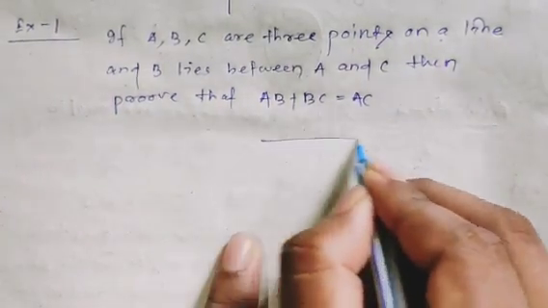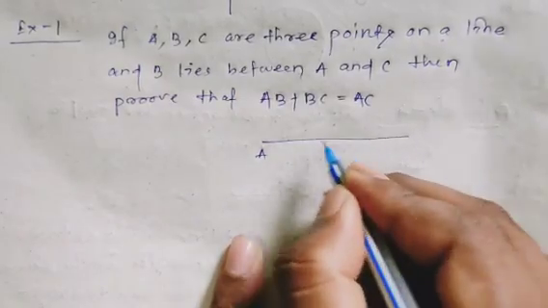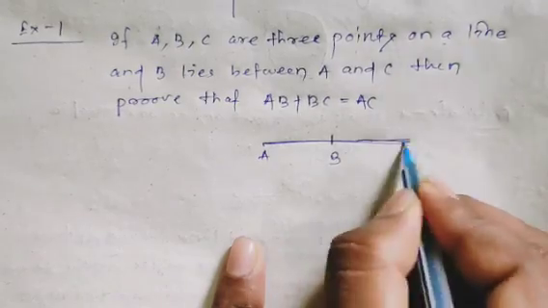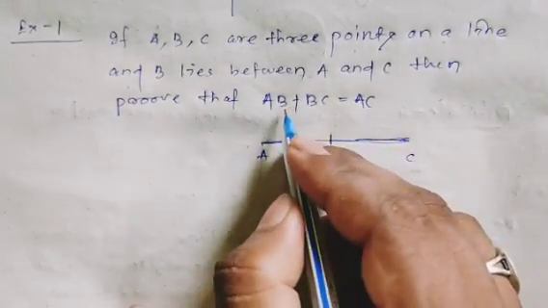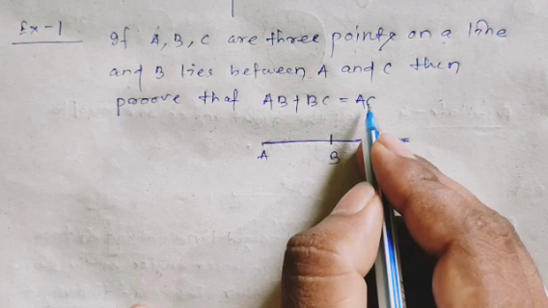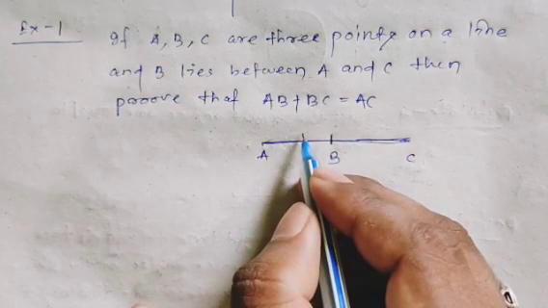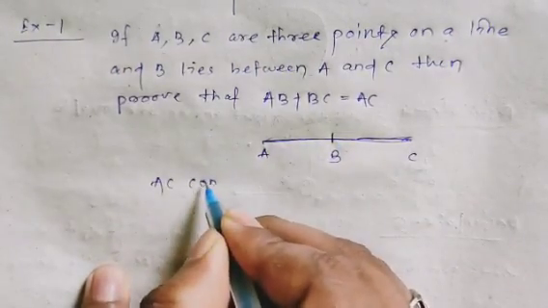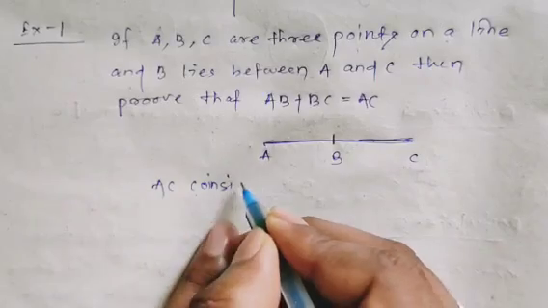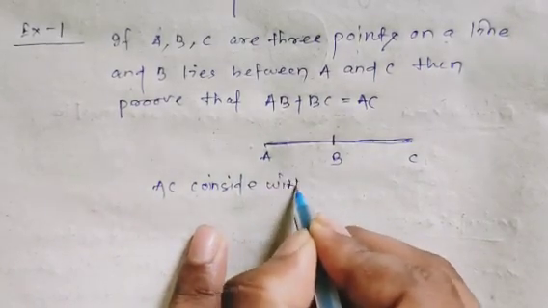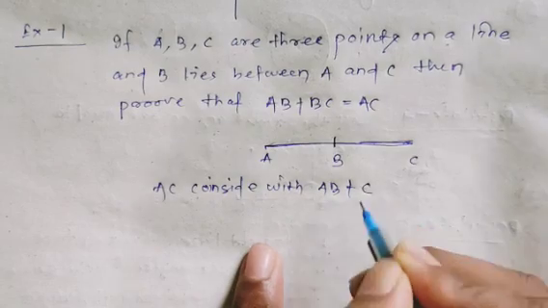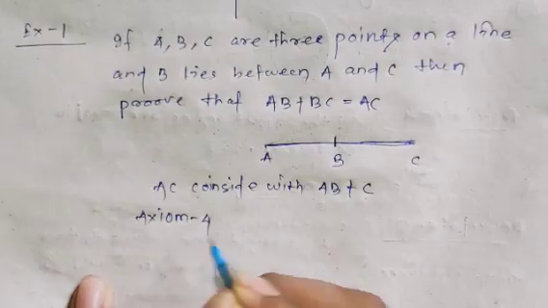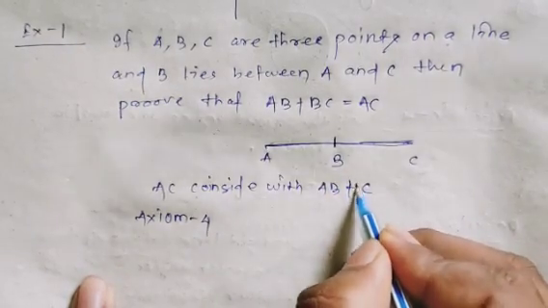Let's draw the picture. So here A, B and C is a line, or AC is a line, where B lies in between A and C. We have to prove that AB plus BC is equal to AC. In the above figure, we can see that AC coincides with AB plus BC.